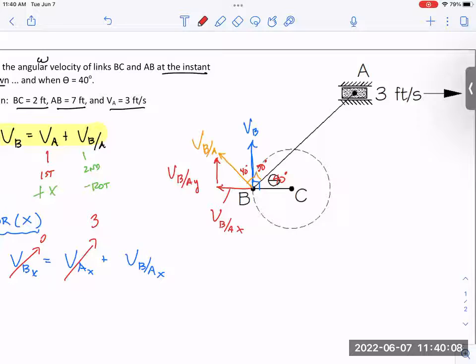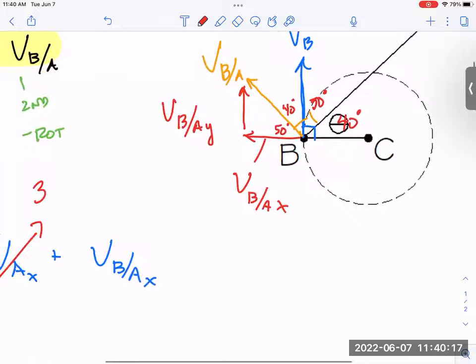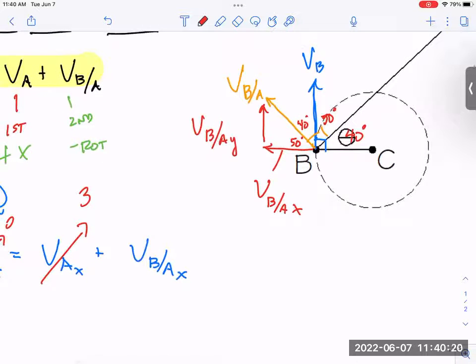Because of the way I just drew that, I think I'll go one step further with the angles and say, because that last one is 40, then that makes this 50. So velocity of BA in the x direction would be velocity of BA modified by the cosine of 50, wouldn't it? You agree with that? And by the way, notice it's going left. Therefore, I'm even going to call that a negative number.